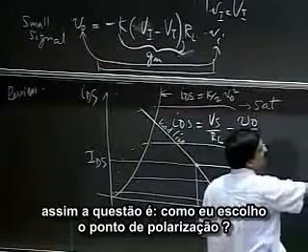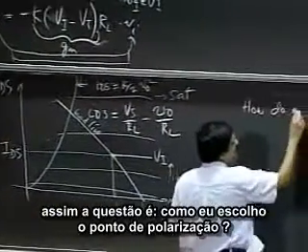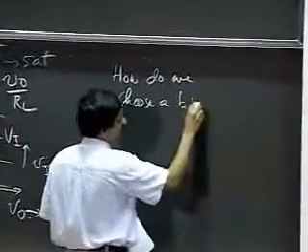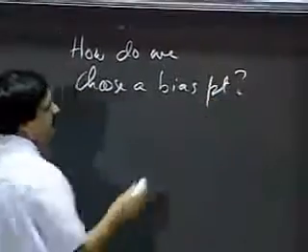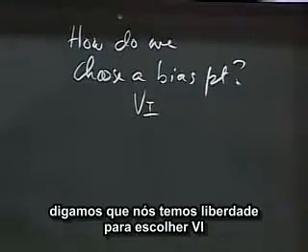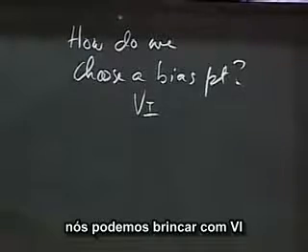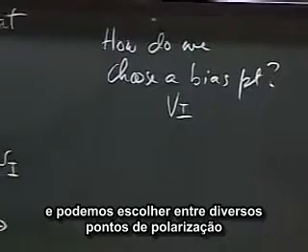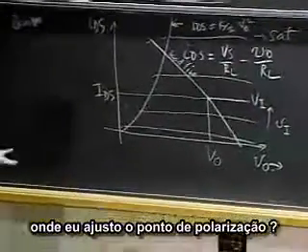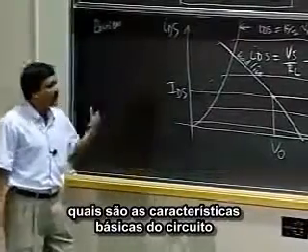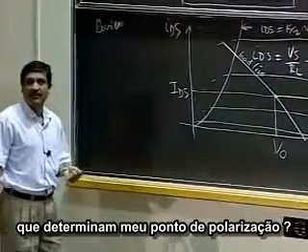So the question is, how do we choose a bias point? In our particular example, let's say we are free to play around with VI, and I can choose various bias points. So where do you set the bias point? What are the various characteristics of the circuit that relate to my bias point?